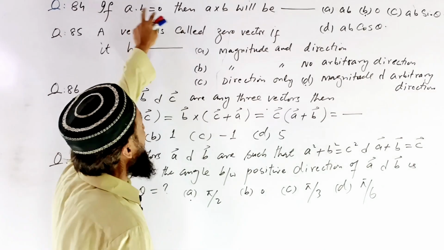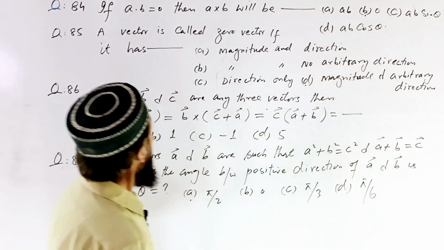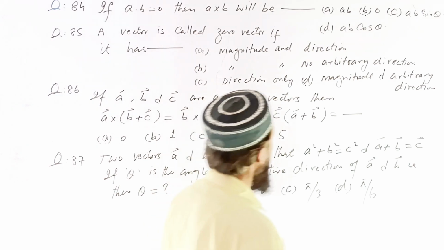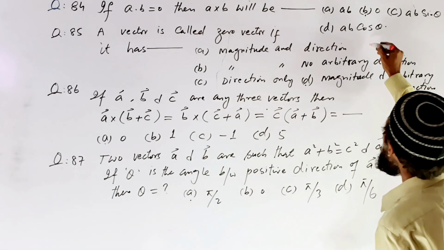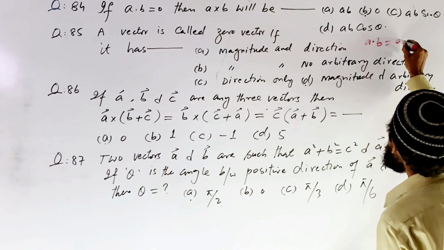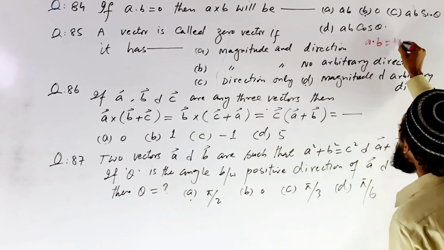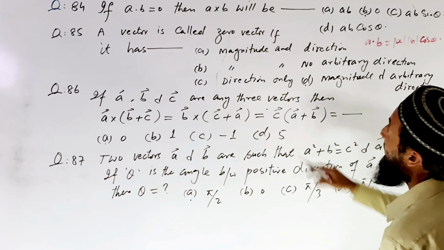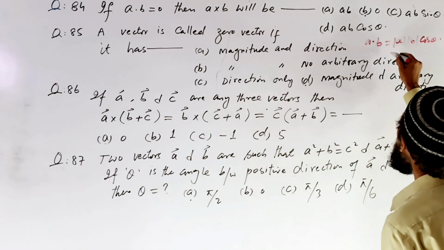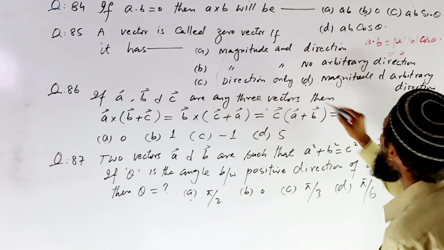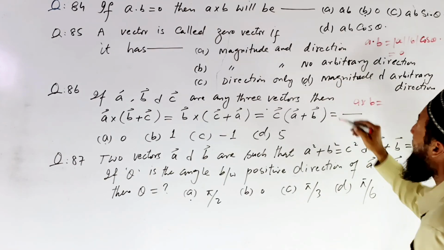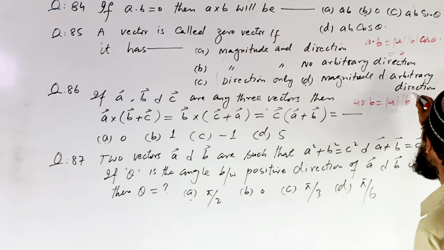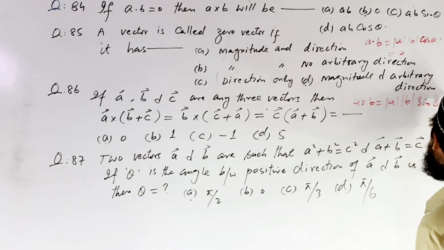Now if A dot B is equal to 0, then what will A cross B be equal to? Here we use the property A dot B is equal to the magnitude of A times the magnitude of B times cos theta, and A dot B is given as 0. So A cross B is equal to the magnitude of A times the magnitude of B times sine theta times n hat, where n hat is a unit vector whose magnitude is 1.